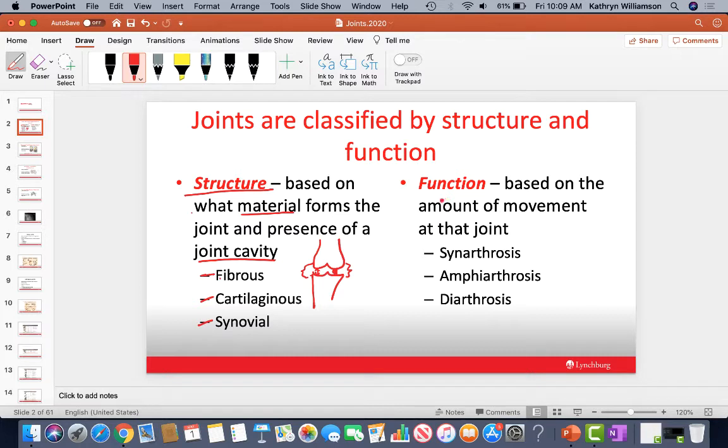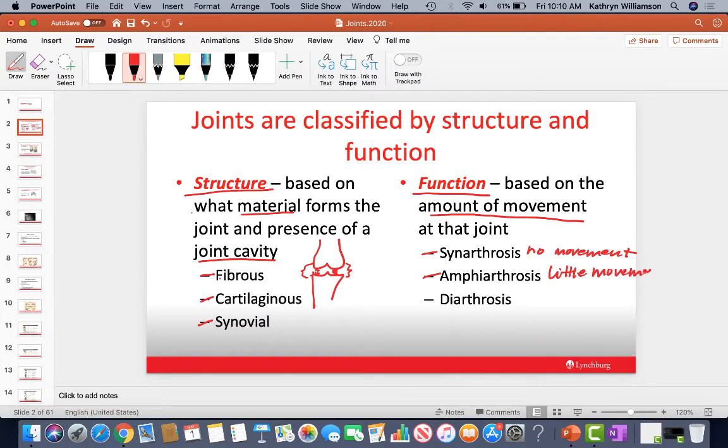Our other way to classify joints is based on function, and this classification is based on how much movement is available at that joint. We've got three categories here. Synarthrotic joints, or synarthrosis, have basically no movement. Amphiarthrotic joints have a little bit of movement.